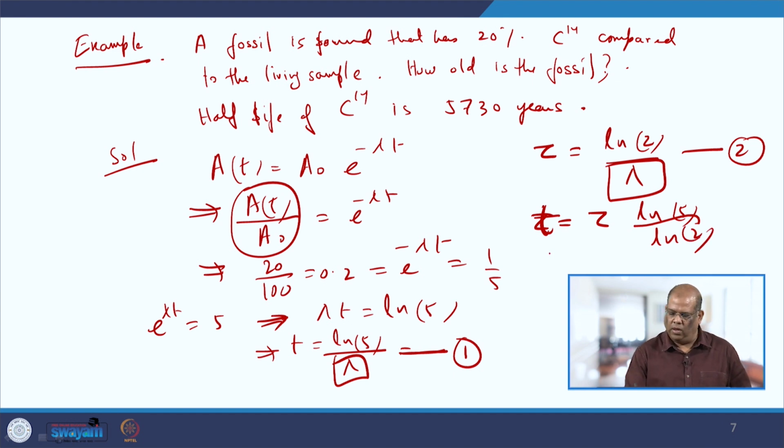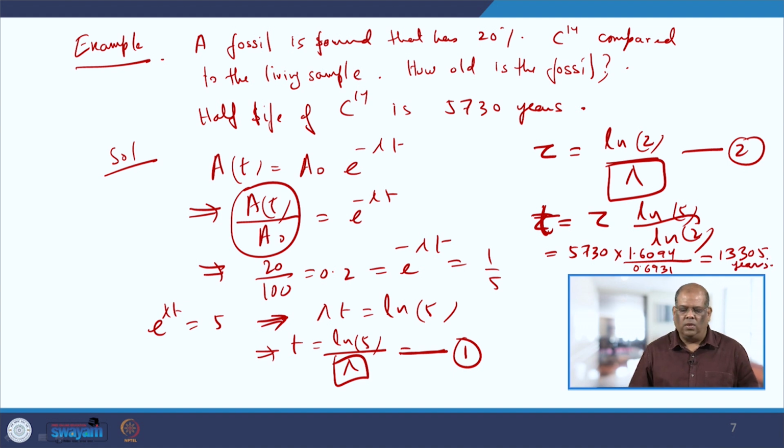And if you substitute all these values, this is 5730 multiplied by ln 5, which is 1.6094, divided by ln 2, 0.6931, and after simplification it will approximately give 13305 years. So, the age of the fossil is approximately found to be 13305 years old. So, that is how the mathematical model for carbon dating works.